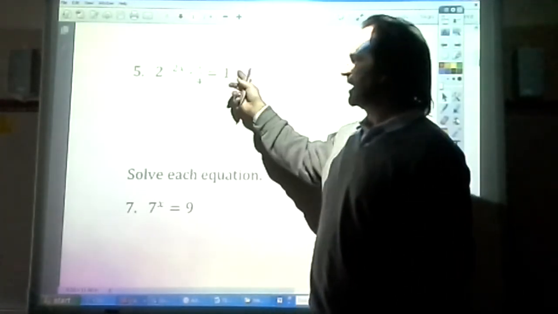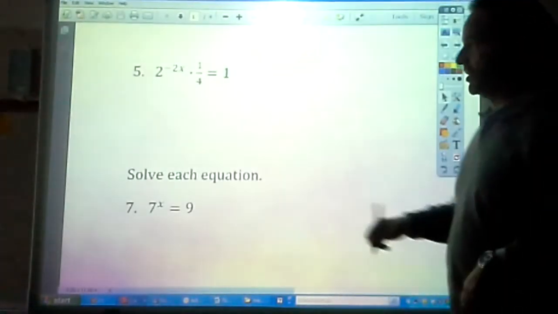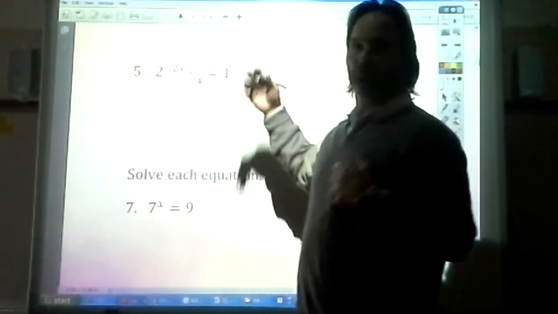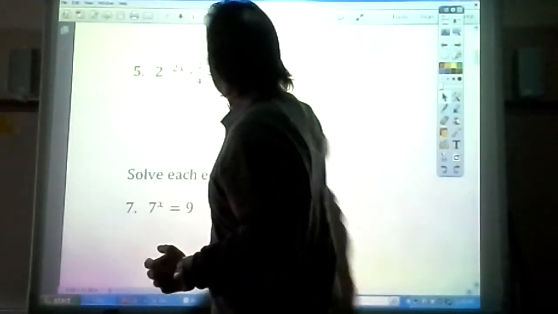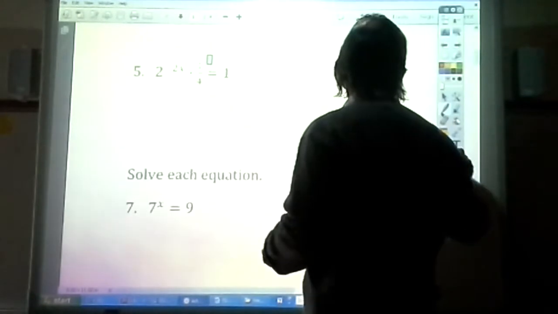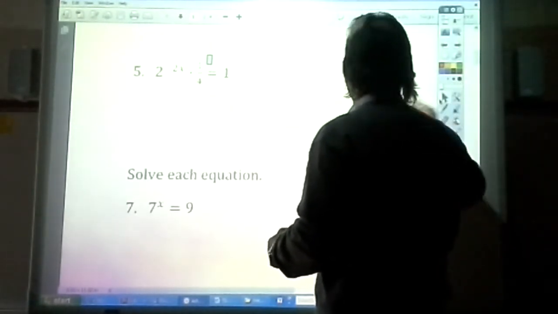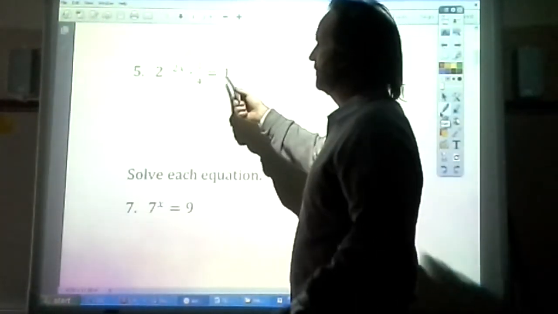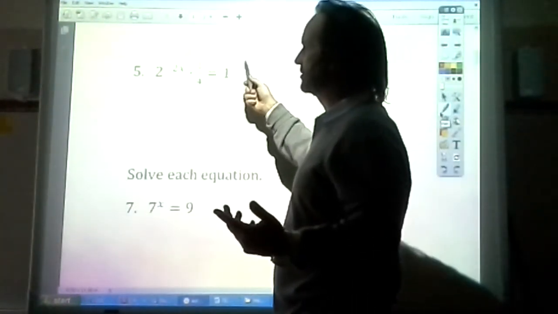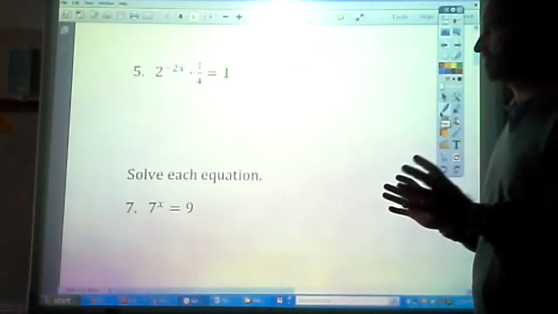So I multiply both sides by 4. Okay, so I can get a common base here. I'd multiply both sides by 4, and I can rewrite 4 as 2 squared. And again, when we get like bases, exponents will equal each other.